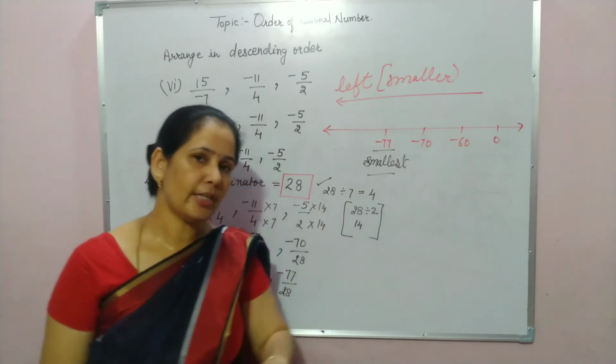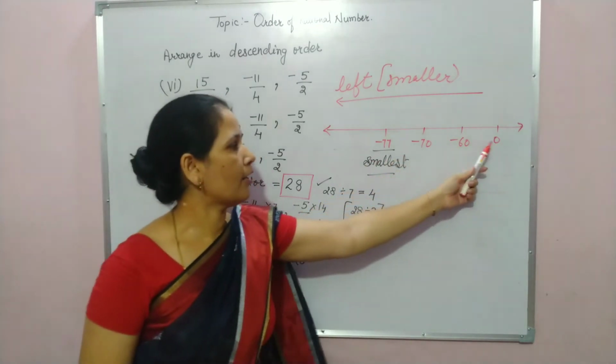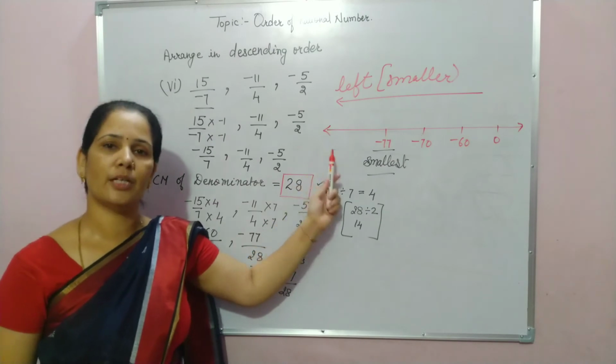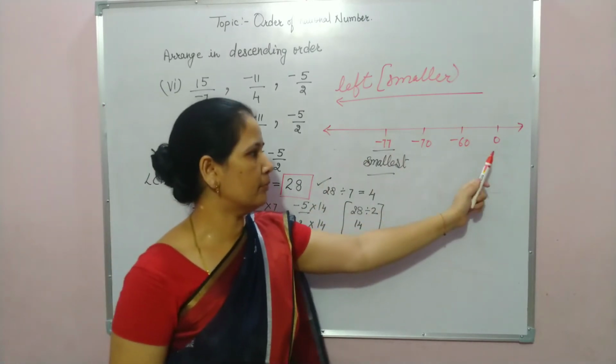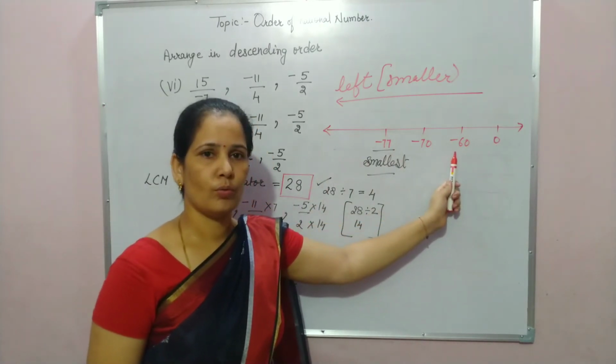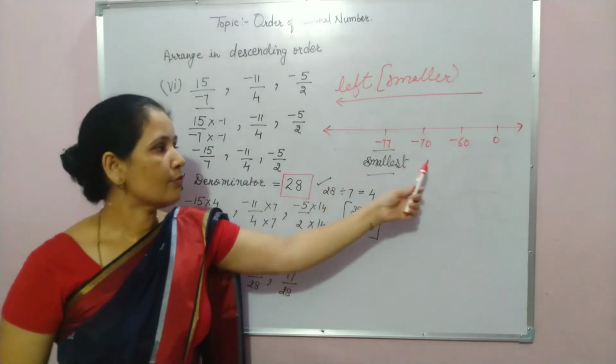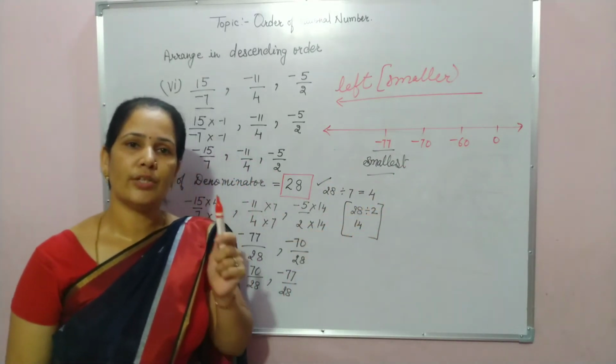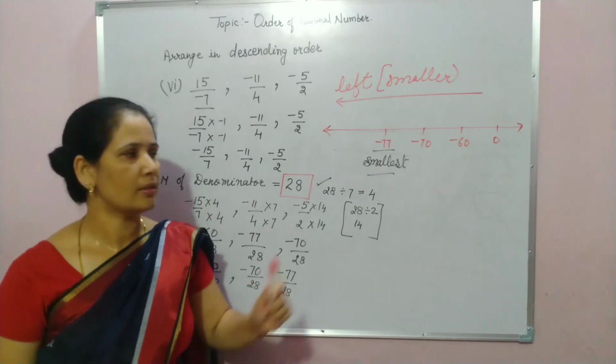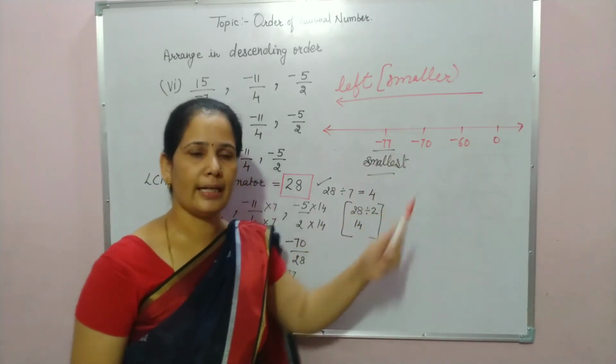I repeat again. If any number is far from 0, that number becomes smaller, and if any number is near to 0, it becomes bigger. In which case do we apply this? Whenever we treat negative numbers, it applies in the case of negative numbers.